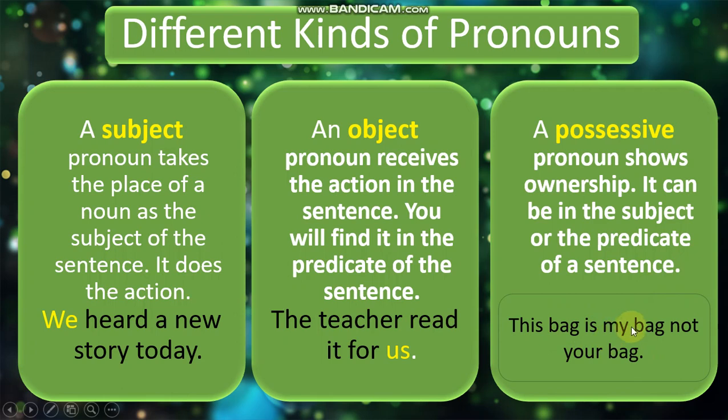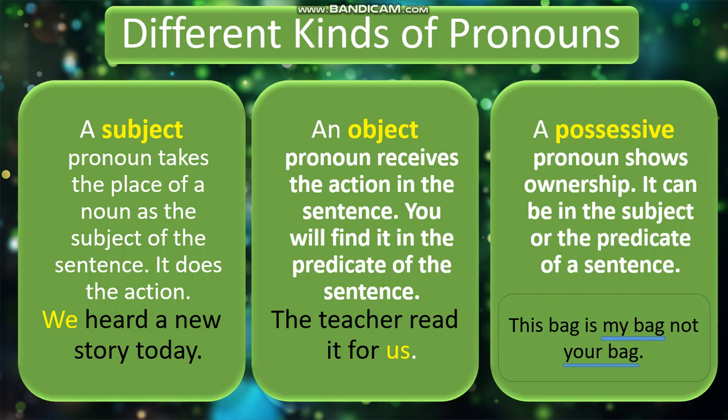Now look at this example right here. This bag is my bag, not your bag. All right. Now how many times am I repeating the word, the noun bag? I'm saying this bag is my bag, not your bag. You see, it's repeated twice and we don't want to repeat. So we have to use a pronoun here. But the pronoun has to show possession.